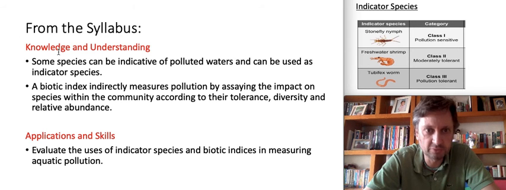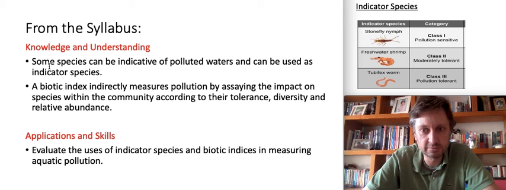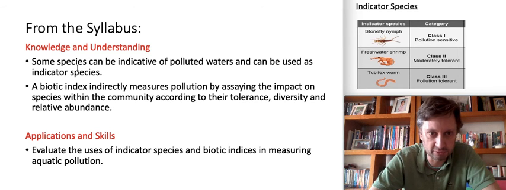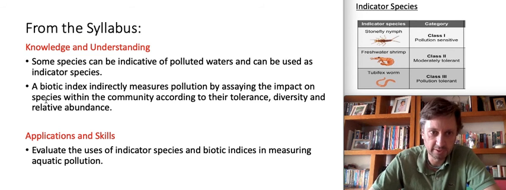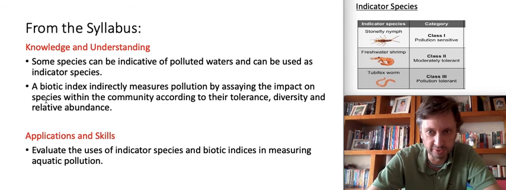Under knowledge and understanding, the IB says that some species can be indicative of polluted waters and therefore can be used as indicator species. That's pretty much what I've already said. And then it says here, a biotic index indirectly measures pollution by assaying or investigating the impact on species within the community according to tolerance, diversity, and relative abundance.